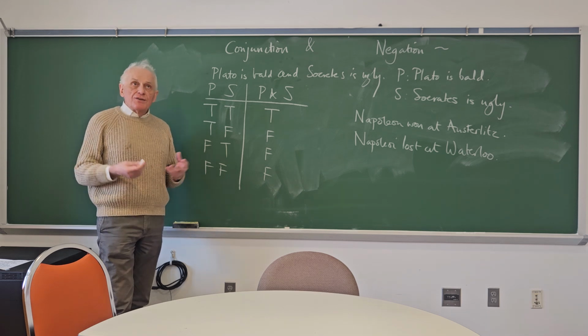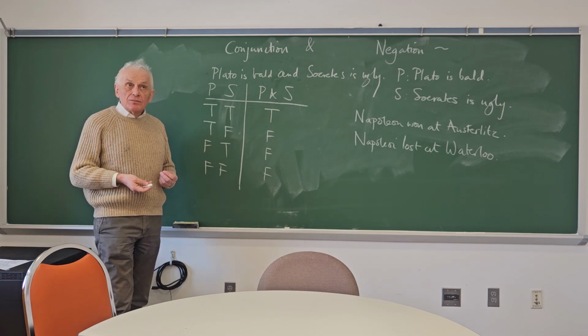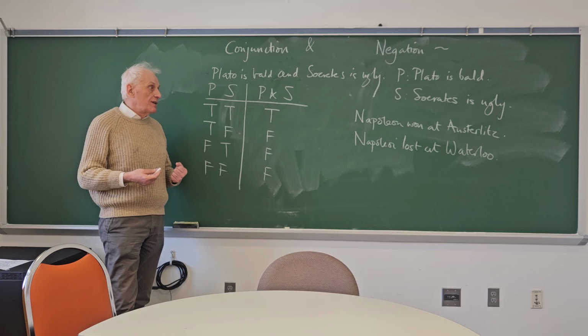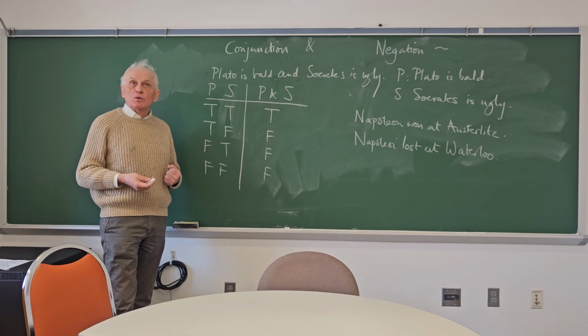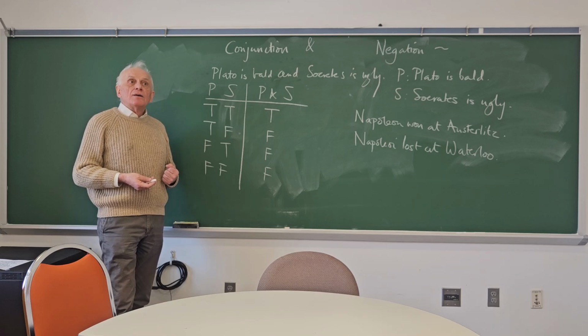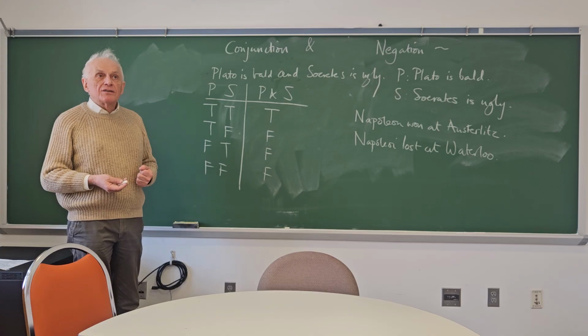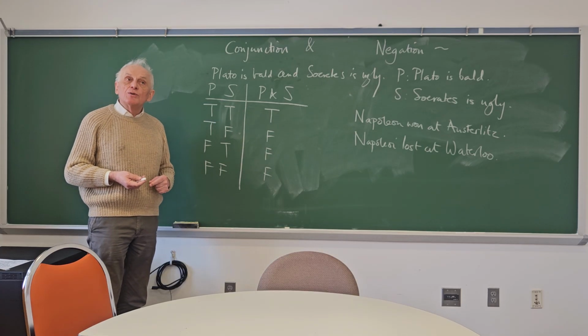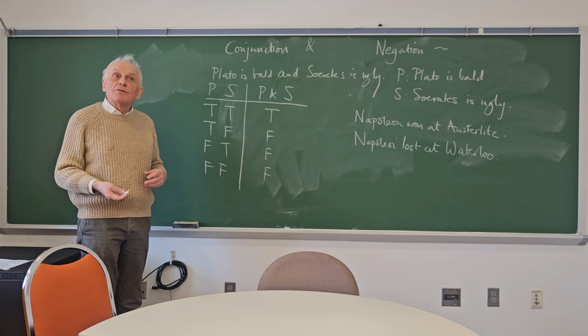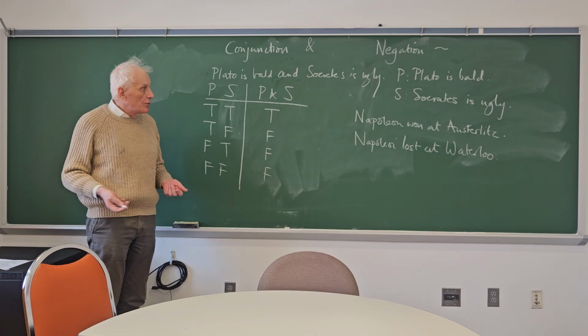Now, if we join these 2 sentences with and, Napoleon won at Austerlitz and Napoleon lost at Waterloo, we don't need to know anything else except whether the 2 sentences are true, and then we automatically know that the conjunction is true or false.